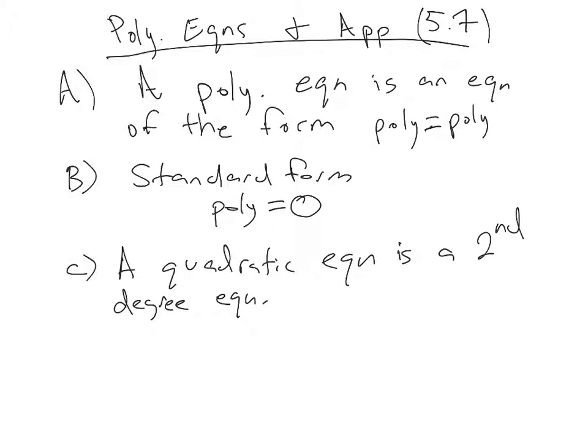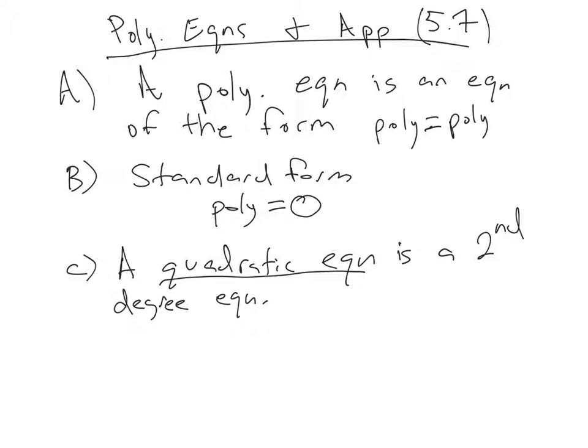That just means your biggest exponent, the largest exponent is what? Is 2. So if you understand, oh, a quadratic equation is a second degree equation, if that makes 100% sense to you, then you write that down. If that doesn't make any sense to you, then what should you have in your notes? A quadratic equation has the largest exponent of what?